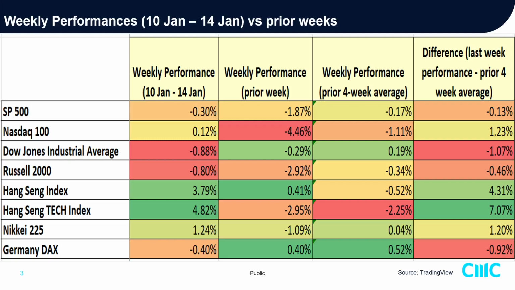That kind of freaked out stocks globally, especially those stocks that are dependent on leverage or borrowings to enhance their profitability and revenue, which the technology and growth stocks fall under. That explains the negative 4.5% decline on the Nasdaq 100 seen in the prior week, also being the worst underperformer globally.